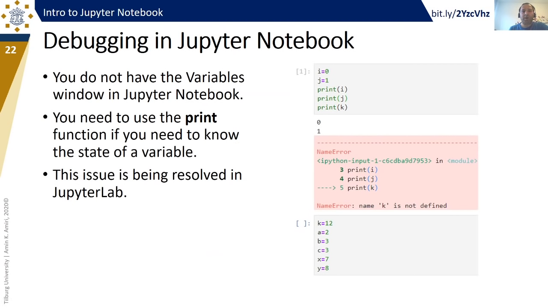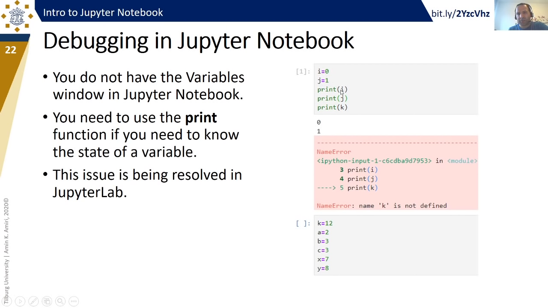How can you debug in Jupyter Notebook? The thing is that unfortunately in Jupyter Notebook you don't have the variables window. So you need to use the print function if you want to know the current status of a variable. So for example, here you want to know the current status of i, j, and k.